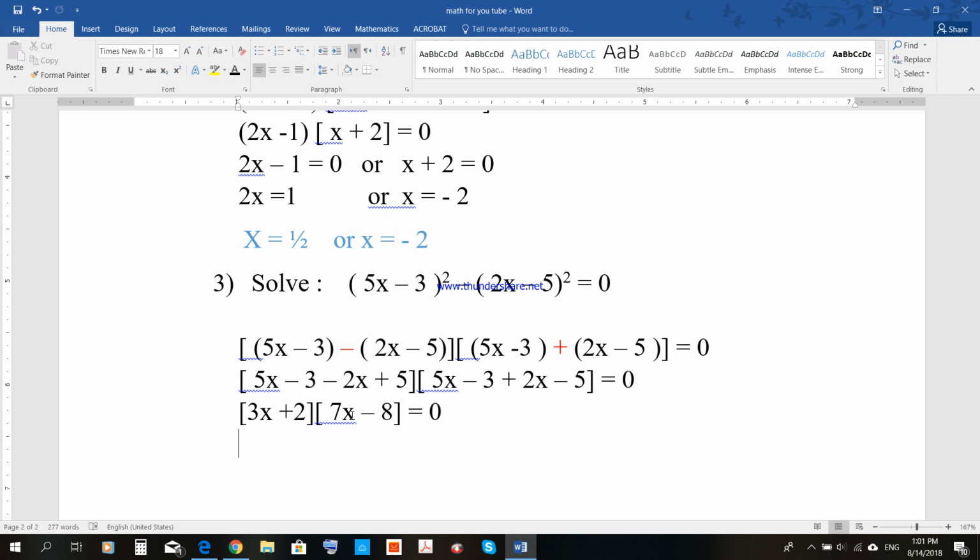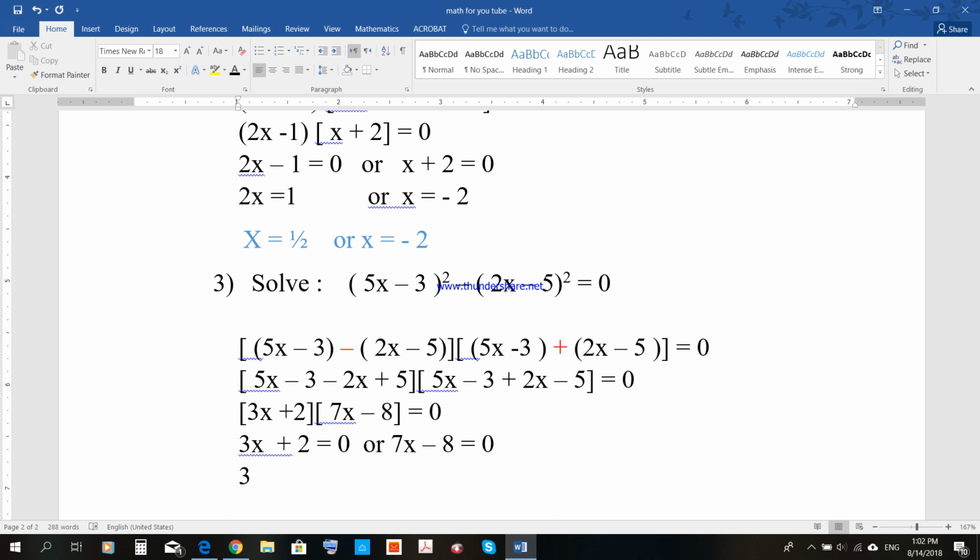That means I will write here 3x plus 2 equal 0, or 7x minus 8 equal to 0.